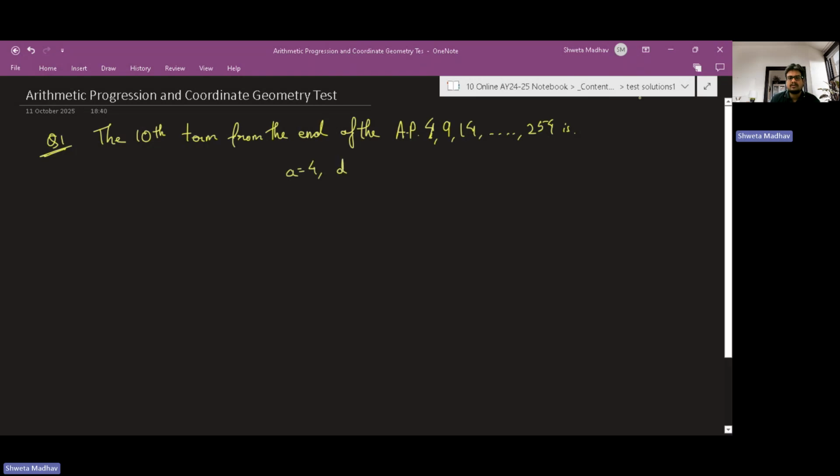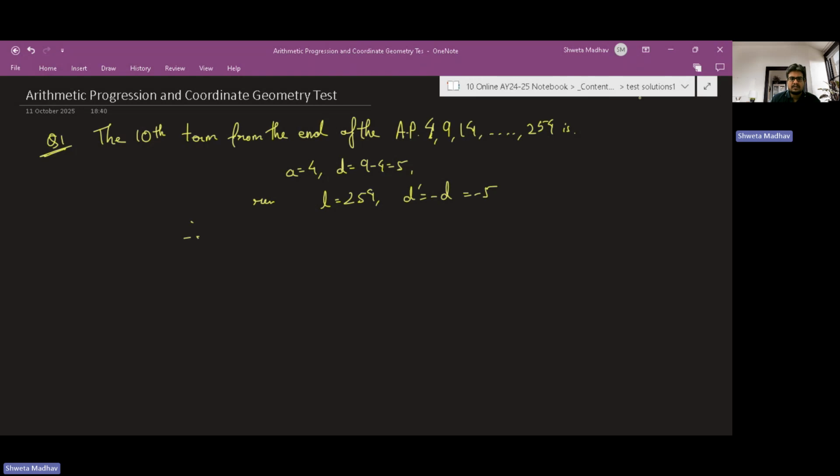The common difference d is 9 minus 4, that is 5. So if we take the reverse AP, in the reverse sequence, the first term will be the last term, which is 254. And the common difference d dash will be minus d, that is minus 5.